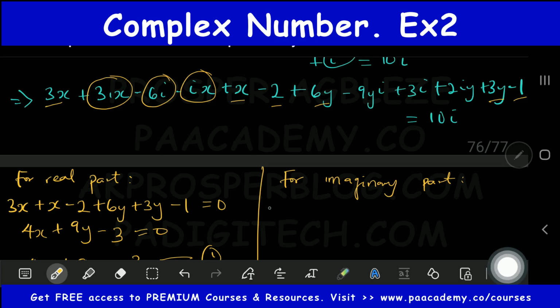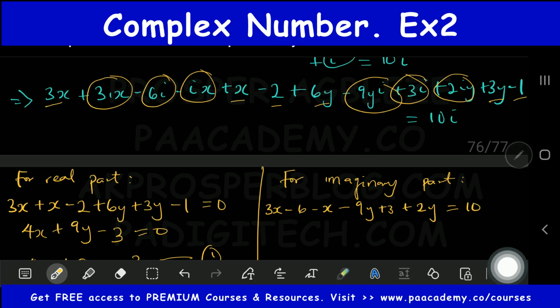So for this now it's going to be 3x minus 6 minus x, then another one is this minus 9y, then plus 3, and then you can see right here plus 2y, then equals to 10. So we don't need to include the i.